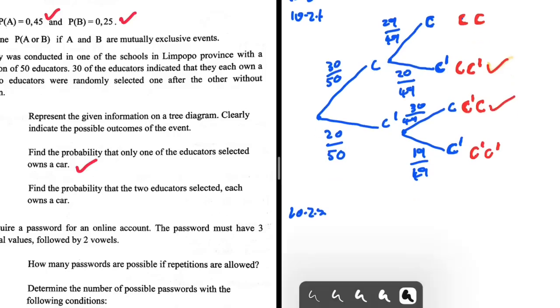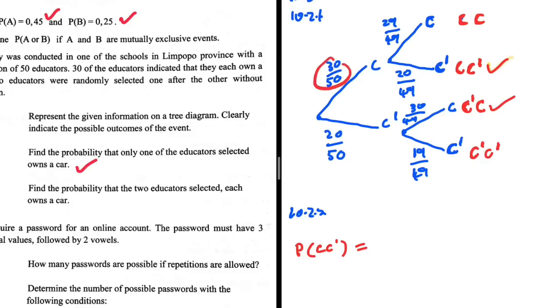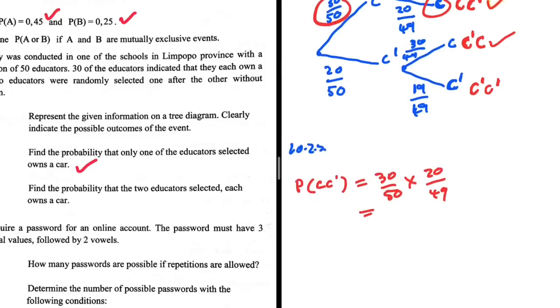So the probability of C and not C, the first teacher owning a car and the second not having one, will be the probability of owning a car for the first teacher, which is 30 over 50, multiplied by the probability of the second teacher not having a car after the first has, which is 20 over 49. And this is equal to, let me just put it in my calculator.